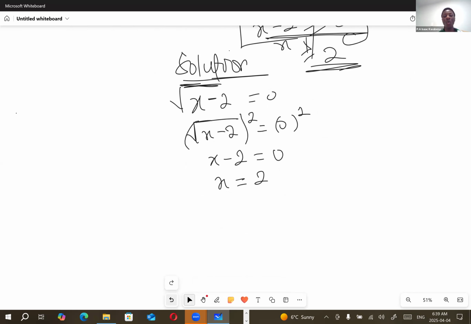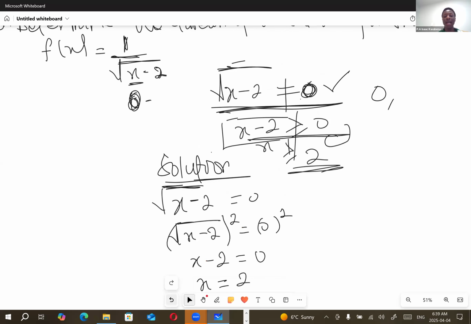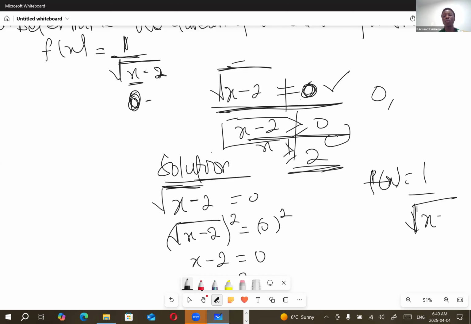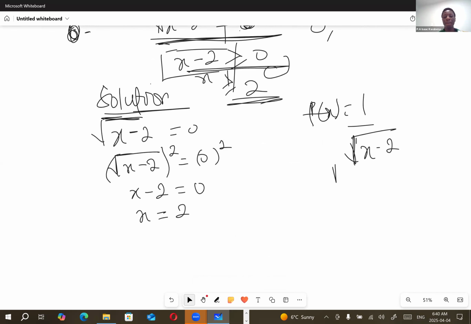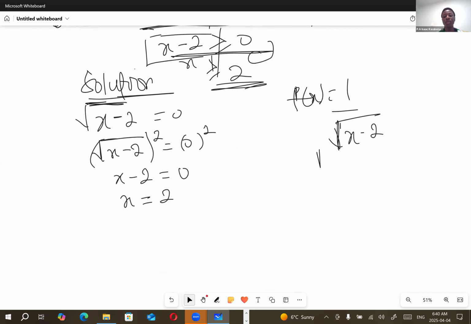What does this mean? What this means is that in the function f of x equals 1 over root of x minus 2, if you are to substitute 2 wherever you see x, it will be 2 minus 2, right?